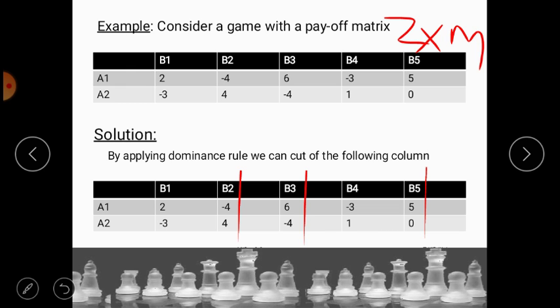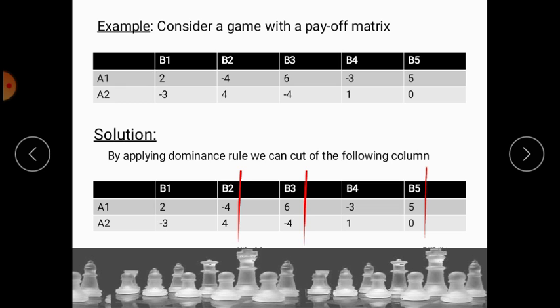We have two strategies for player A and 5 strategies for player B, but we have to select which of the two strategies for player A, strategy A1 or strategy A2, is better. The graphical solution helps us find out which one is better.